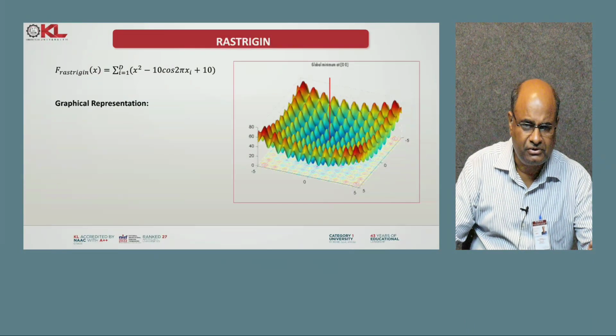Now the Rastrigin function is defined as the summation from i equal to 1 to D of x_i squared minus 10 cos(2 pi x_i) plus 10. So i is from how many bags there are, 10 bags or 20 bags. So i is equal to 1 to 20 and x is each bag.